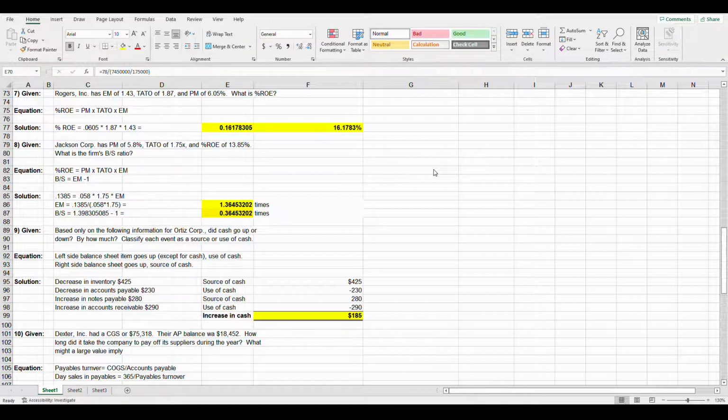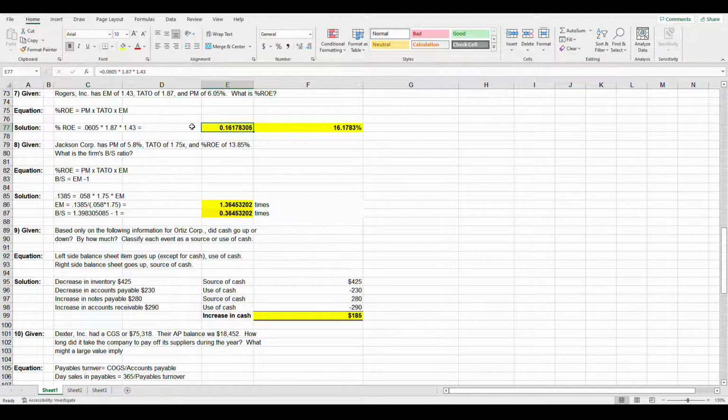And then my solution is very simply by multiplying those three givens, 0.0605 for profit margin, 1.87 for total asset turnover, and 1.43 for equity multiplier. And if I multiply those three together, I get 0.16178 or 16.178% for ROE. There's your answer to number 7.